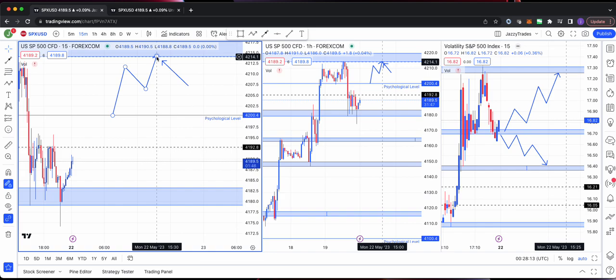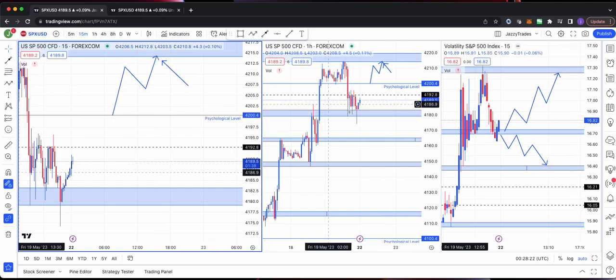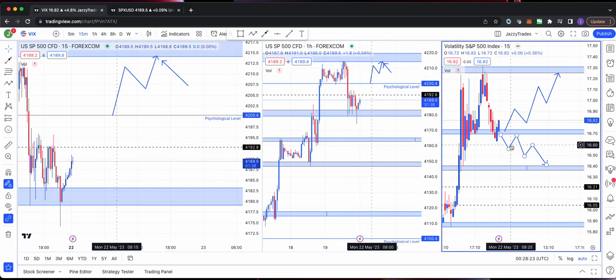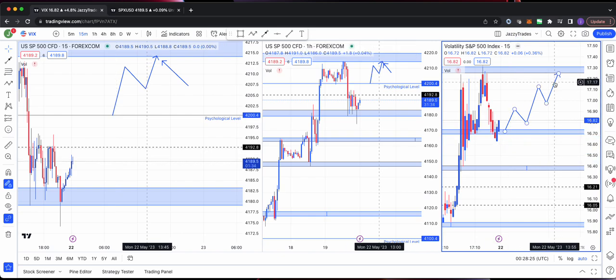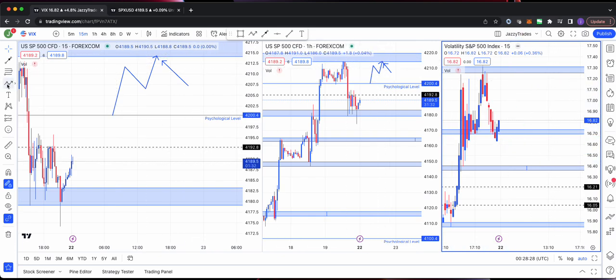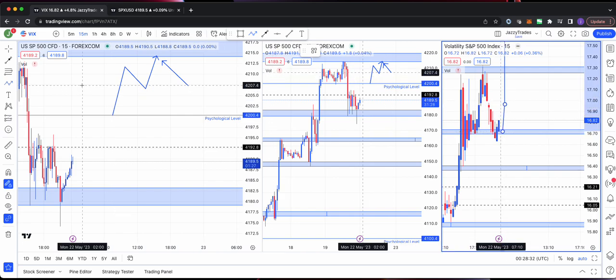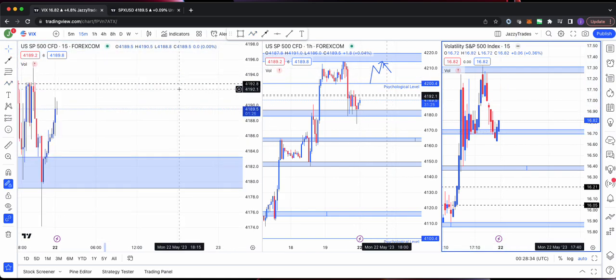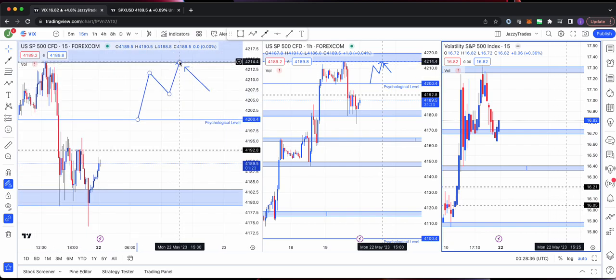Anyone else? Okay, yeah. Two things. Watch VIX, of course. But let's say you come at 9:30 in the morning, and this is what VIX does. The first candle on the SPX is right here at 42.14.